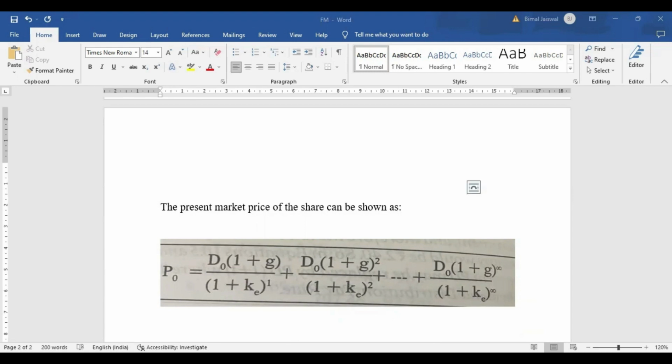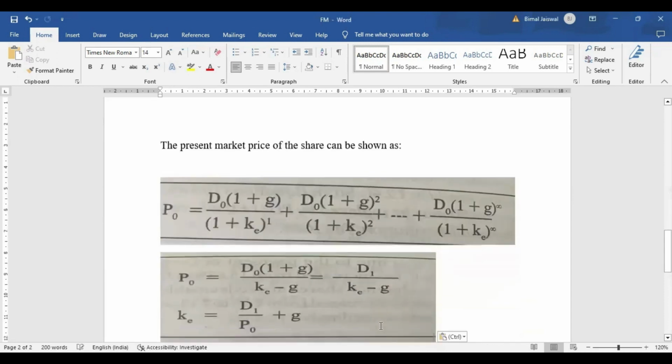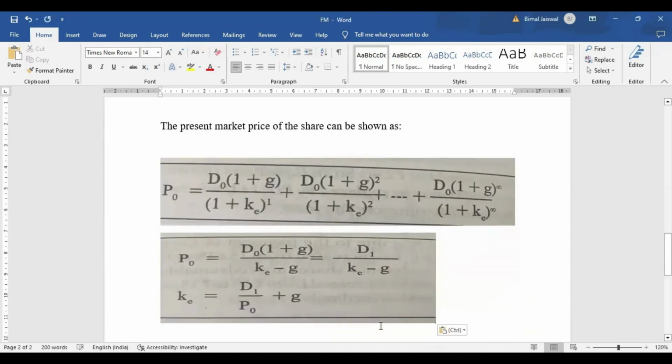Now, this equation can also be redefined and written in this form. P0 is equal to D0 (1 plus G) upon KE minus G, which can be reformed and we can write as D1, that is the dividend in the next financial year, upon KE minus G. Because when we add the growth to the current dividend, we get D1.